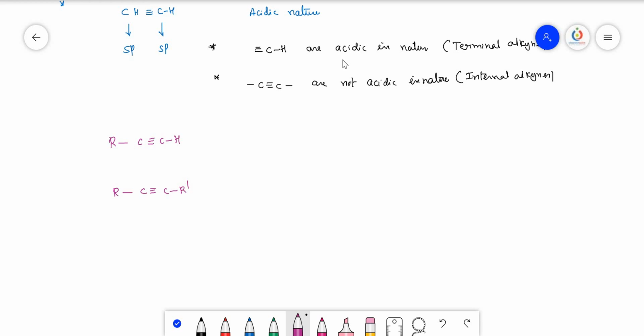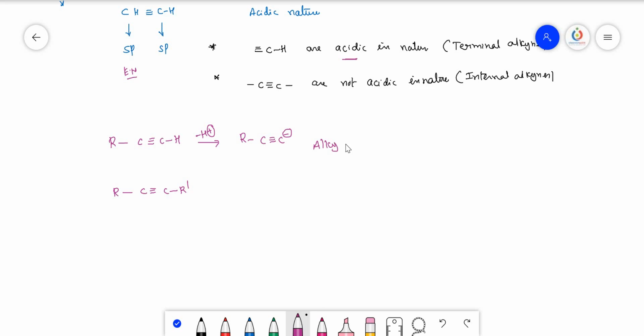So to show the acidic nature, the molecule must be able to release the H plus ion. Here all these triple bonded carbon atoms are sp hybridized, and sp hybridized means more electronegative in nature. Because of the highest electronegativity, this carbon hydrogen bond becomes polar, and carbon withdraws the electrons from the hydrogen so that it can immediately release the H plus ion and forms alkynide.